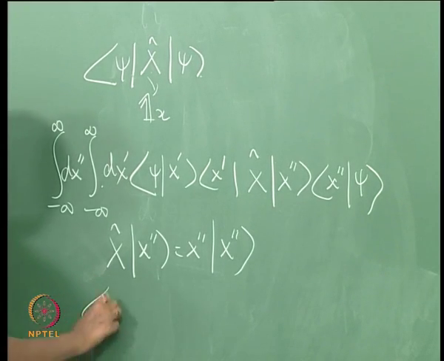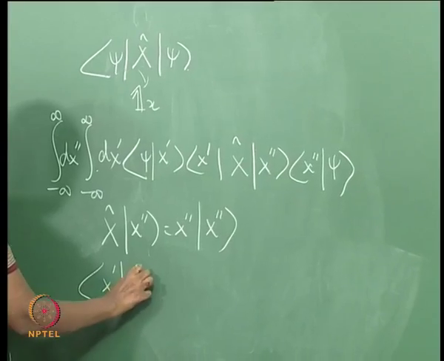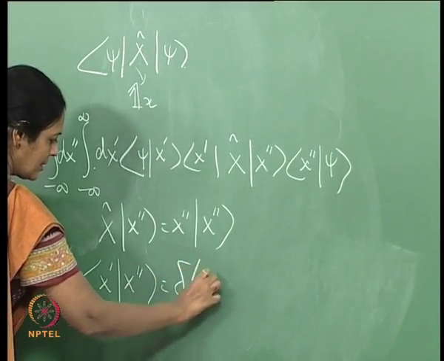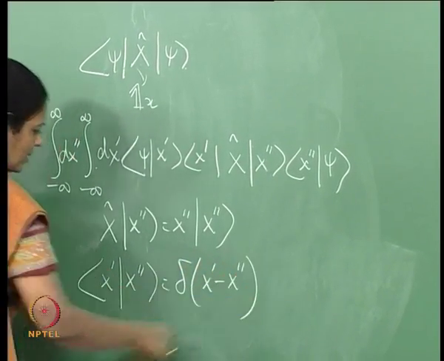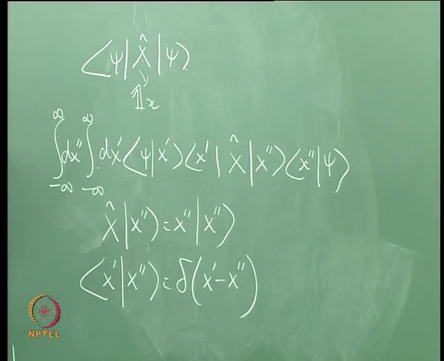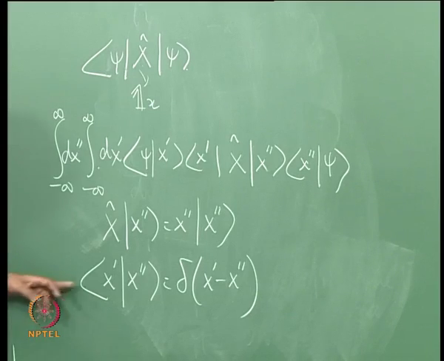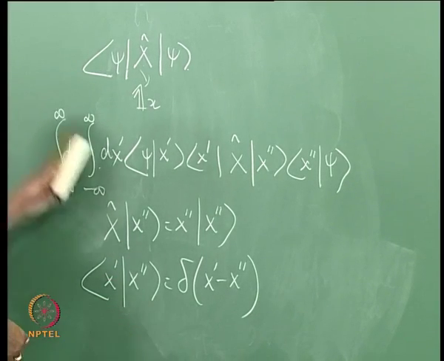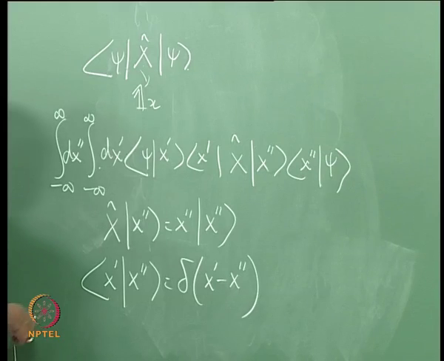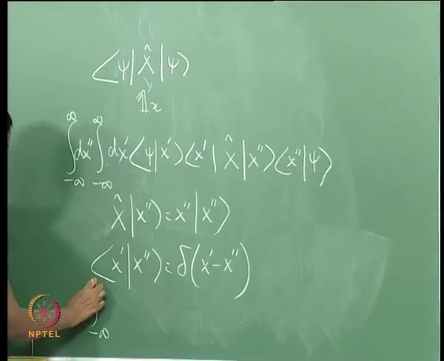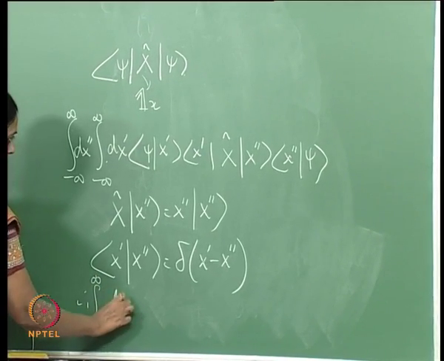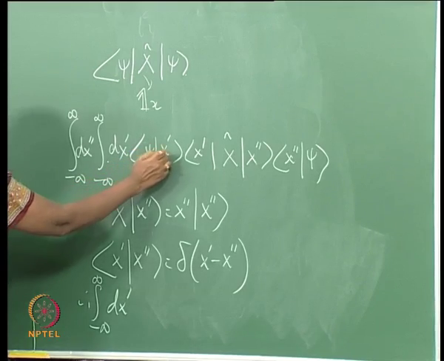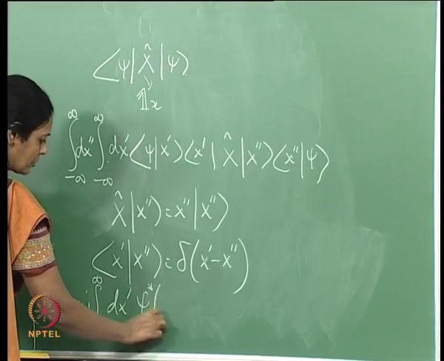I also therefore know that because of orthonormality, this is how I replace the orthonormality condition, because it is a continuous basis. Substituting things in, I find that one of the integrals goes. I replace all x double prime by x prime, and I have integral from minus infinity to infinity dx prime. This is psi star of x prime in our notation.